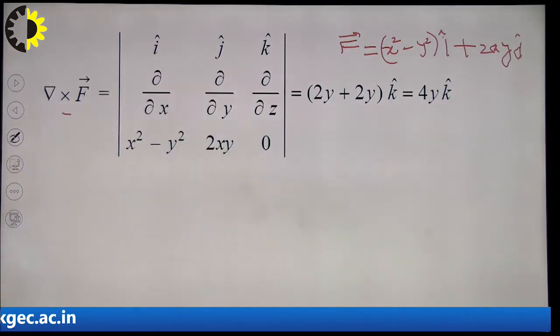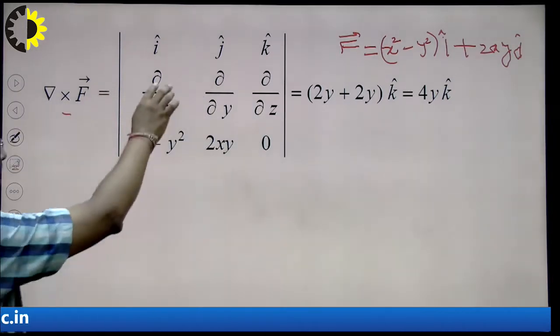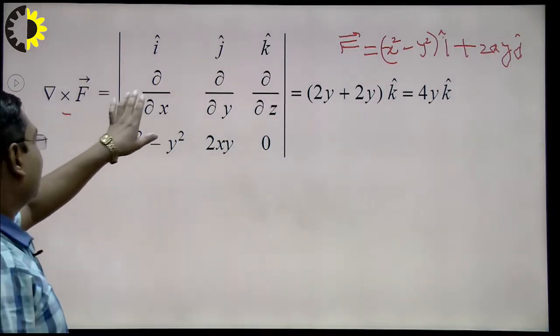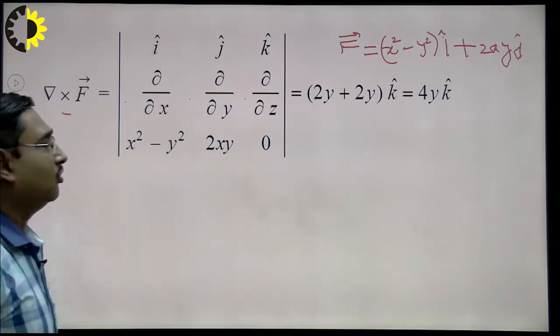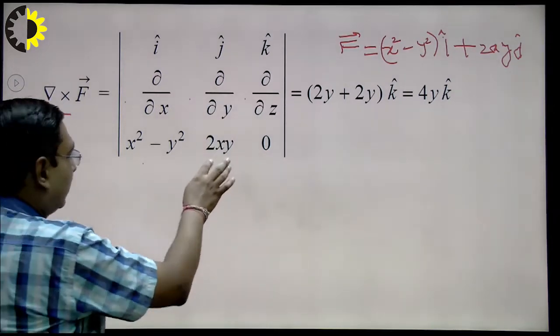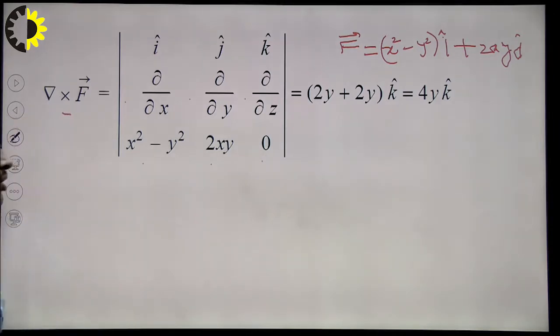So, taking curl, del cross f will be i cap, j cap, k cap in the first row, del over del x, del over del y, del over del z in the second row, x square minus y square, 2xy and 0 in the third row. This determinant will be evaluated.